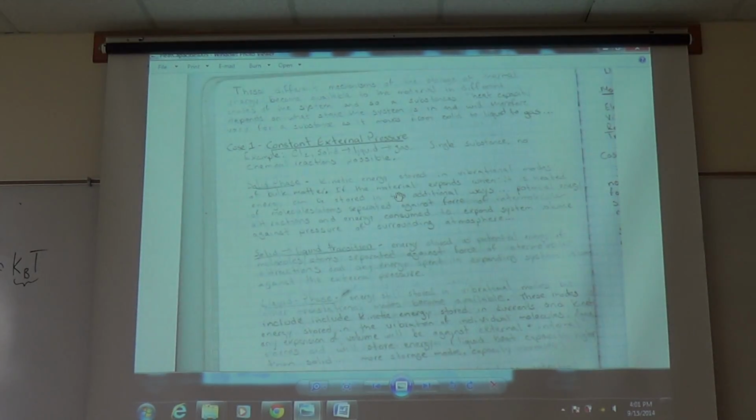Now, that external pressure is a force over area.